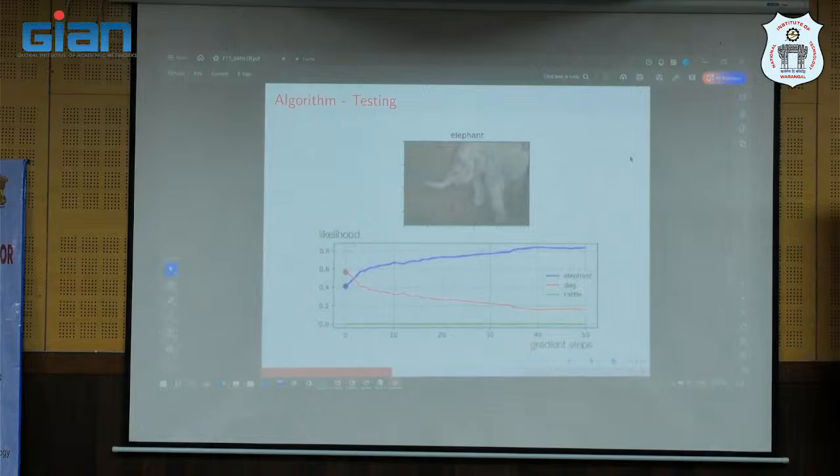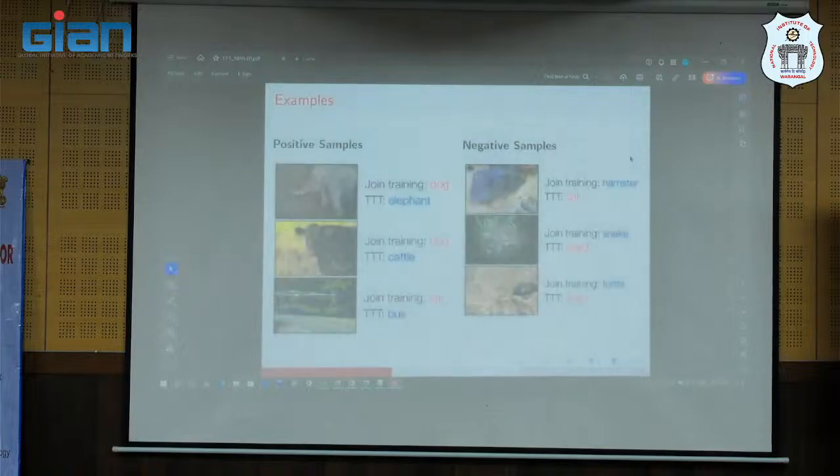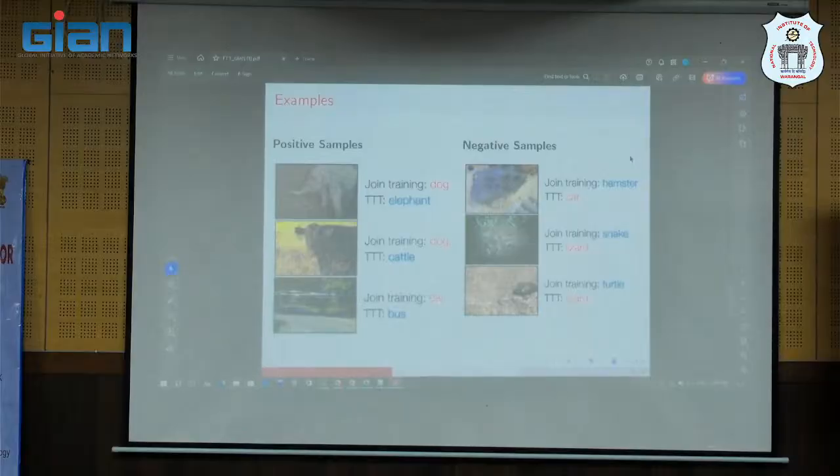This is one very good example where they have shown how many gradient steps we have to take to change this label from dog to elephant. There are some negative examples also, but first let's see positive examples. After using this kind of test time training, it predicted it correctly as elephant, and likewise the other ones.